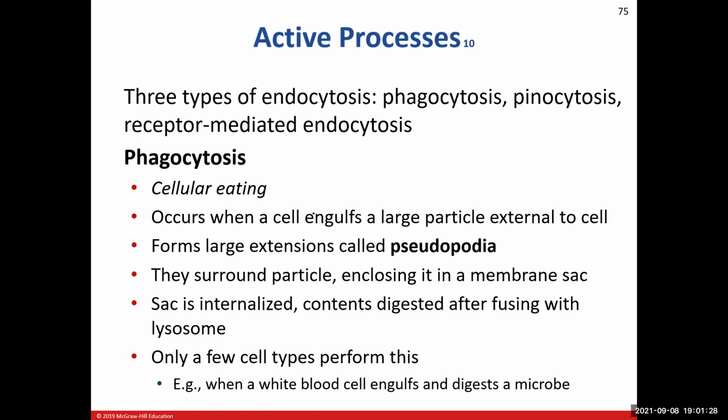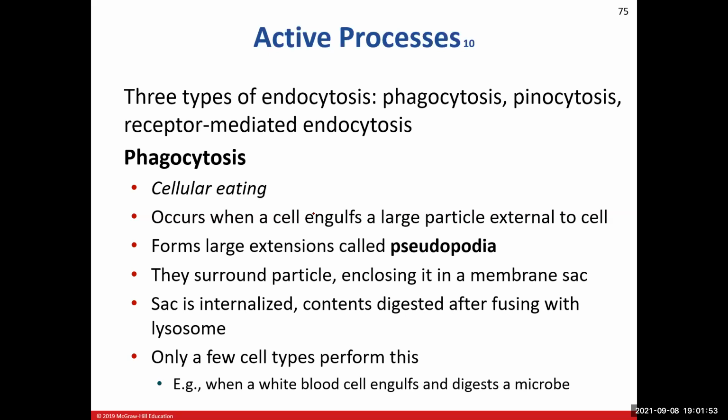And they surround the particle and then eventually encapsulate it, and then basically it makes its own kind of vesicle, this membrane type of sac. And then it pulls it into the inside of the cell. And then that sac is going to fuse with the lysosome, and that lysosome will spill its digestive enzymes into that sac and pretty much break down and digest whatever was in there.